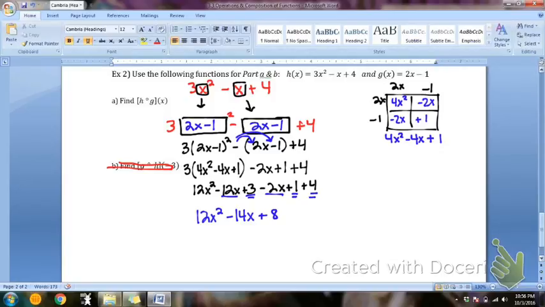For the sake of this example, let's go ahead and evaluate this at negative 2. So let's do h of g of negative 2 so that we can practice doing that. So we've simplified the problem, and now if I want to do h of g of negative 2, that means I'm going to plug a negative 2 in for each x value.